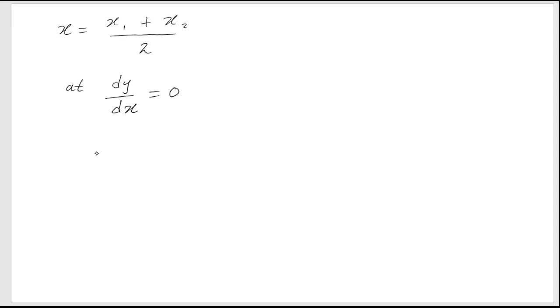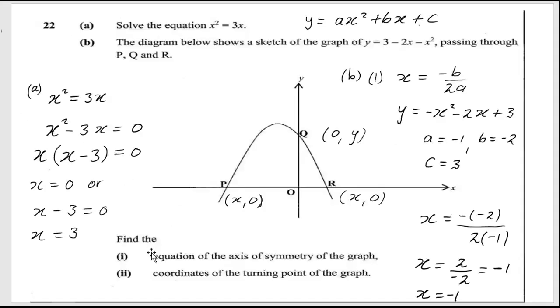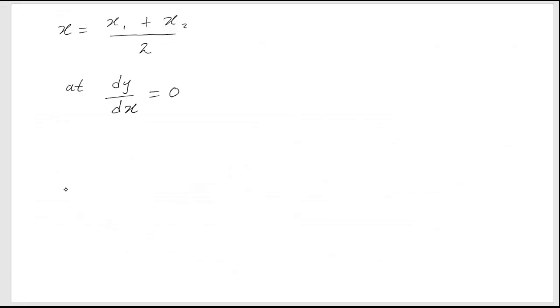Okay, so let us now proceed to question 2, Roman numeral 2. It is asking for the coordinates of the turning point of the graph. Now, a turning point, for it to be a point, is given by x, y.